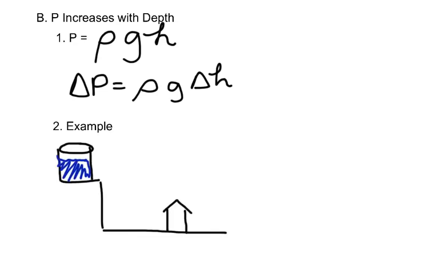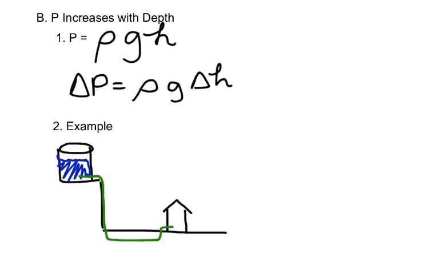Here's an example. We have some water tower up on a hill, and we have some sort of conduit for the water to travel through. It goes down the hill, underground, comes up into the house. And the question is, what is the difference in pressure between the water level in the water tower and where the water comes into the house?